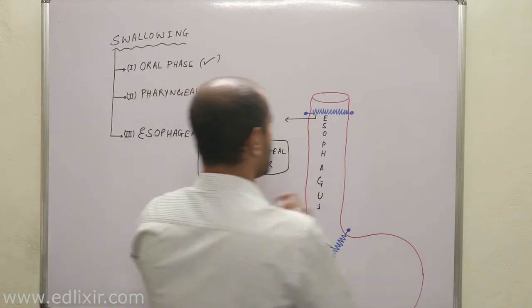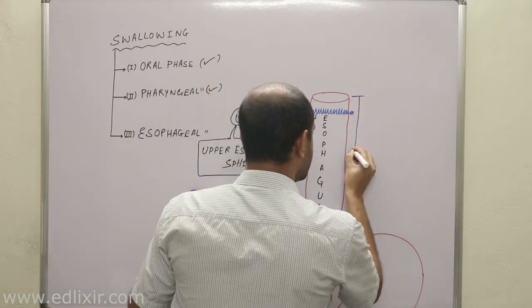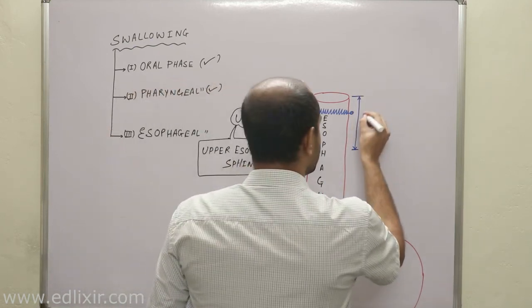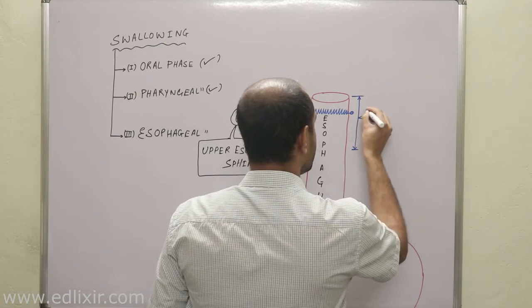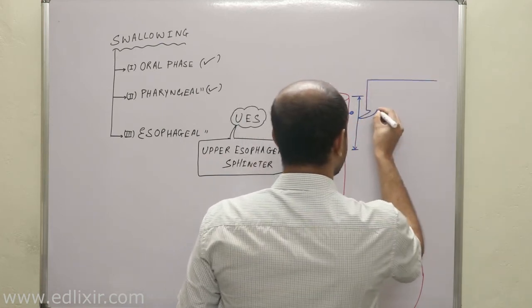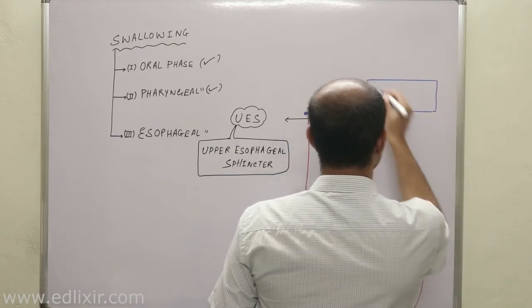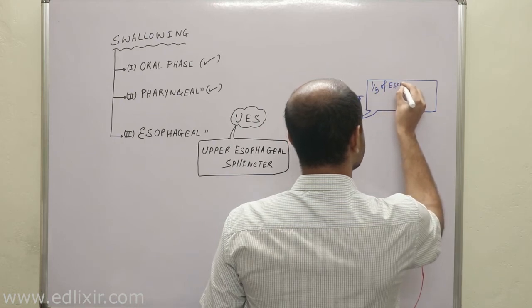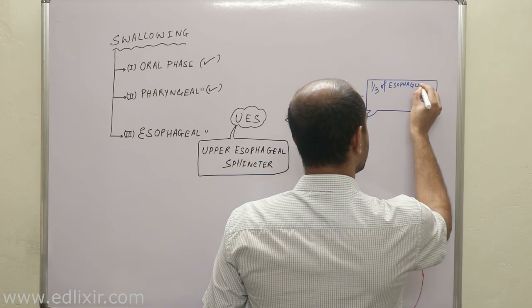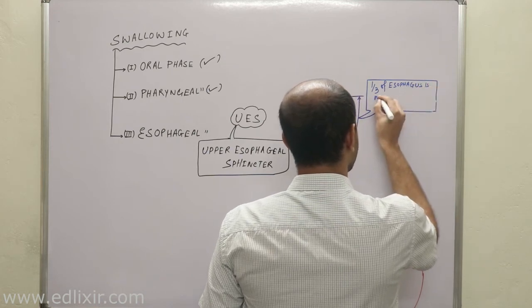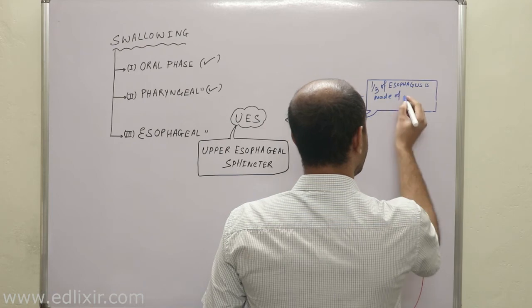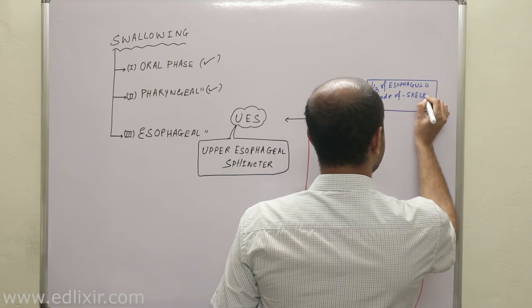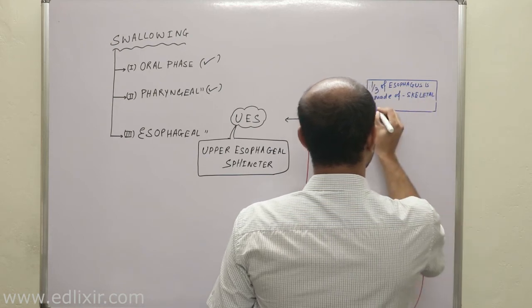The first 1/3 of the esophagus is made of, very important, skeletal muscle.